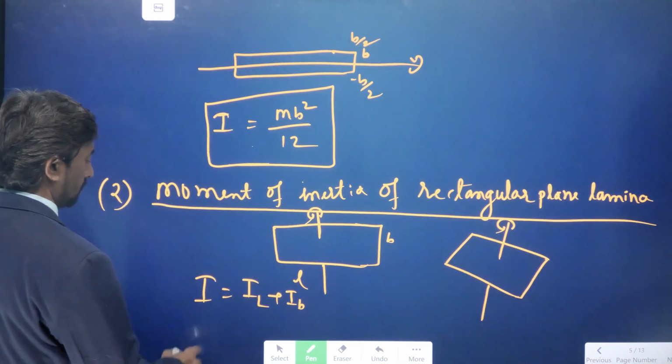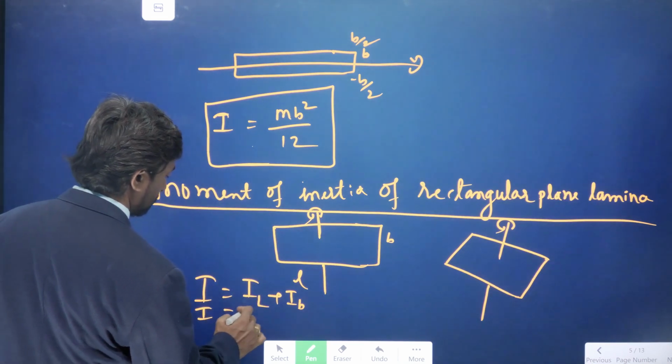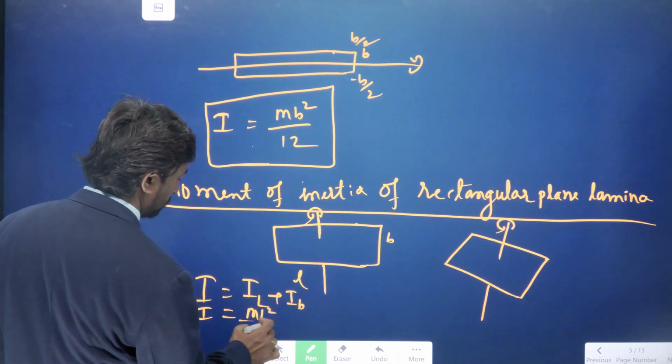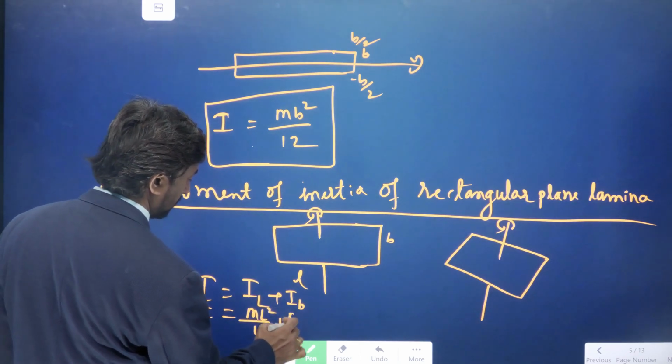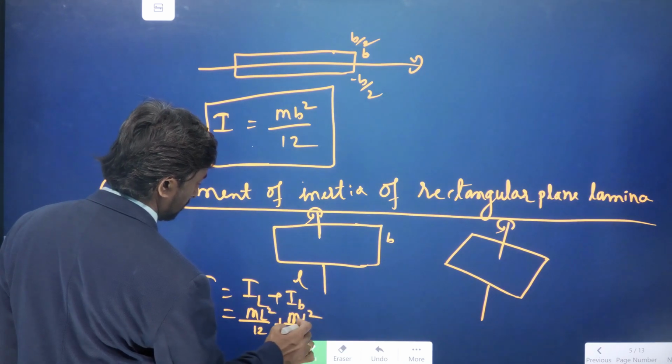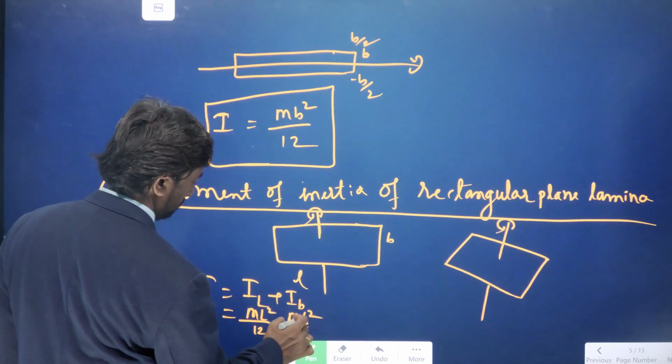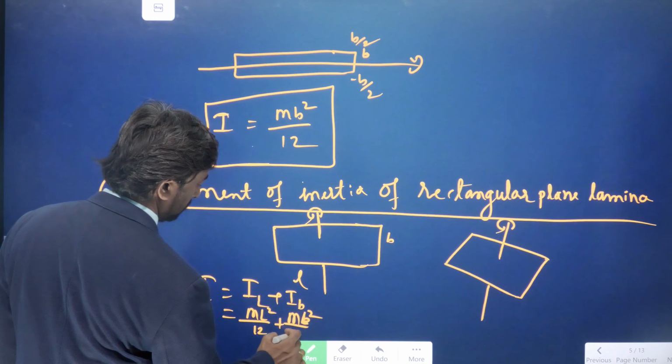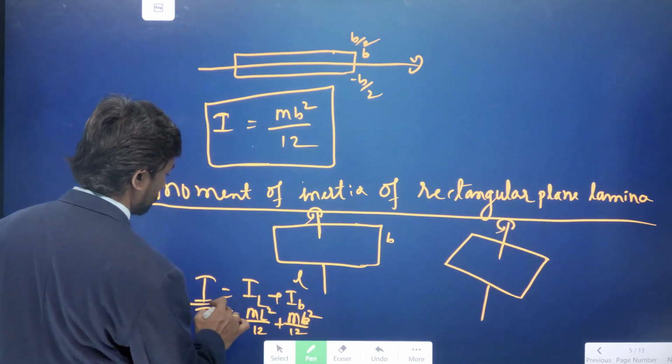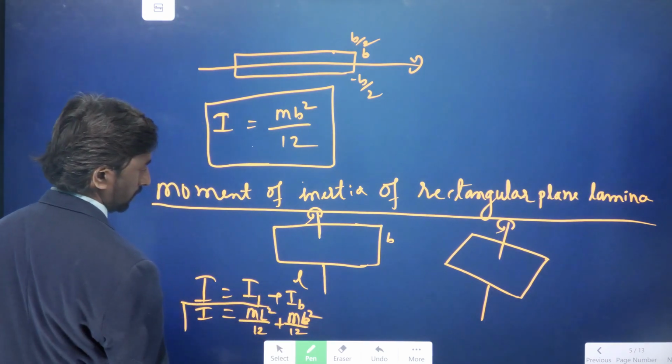So we will get ml square divided by 12 plus mb square by 12. This is the moment of inertia of the body.